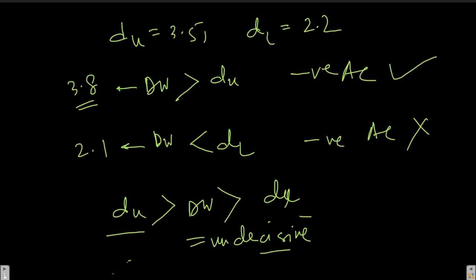Now let's use the same du and dl for negative autocorrelation.